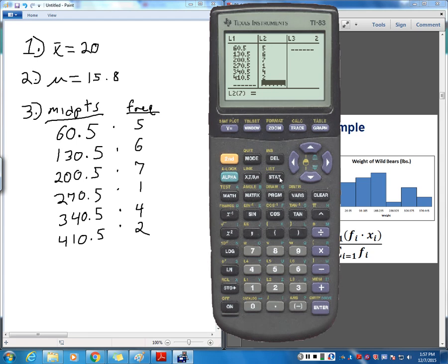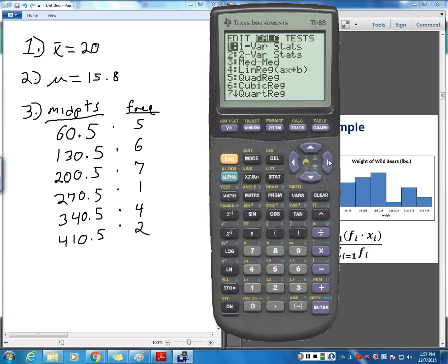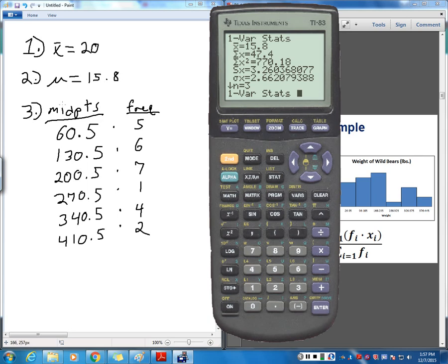Once those have been entered, I go to Stat, Calc, 1-Var Stats at the very top, and be sure to tell your calculator that you're using list 1, the midpoints, with the frequencies in list 2. In a TI-83 or something similar, I press second 1, the comma button, which is right above the number 7, second 2 for list 2. And when I press enter, the very top is my answer.